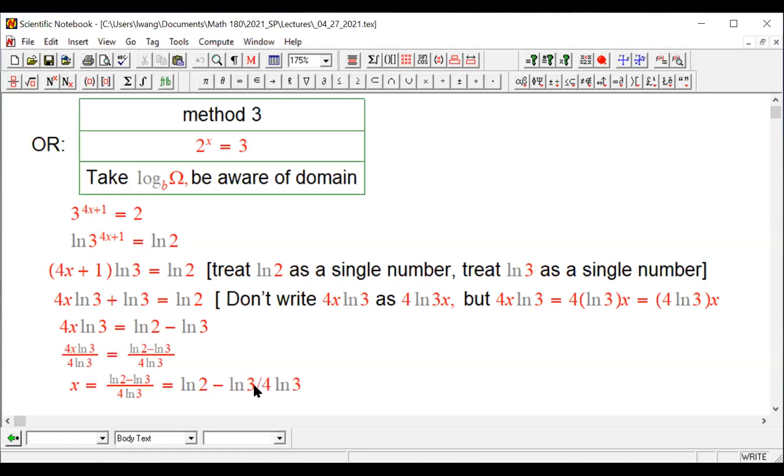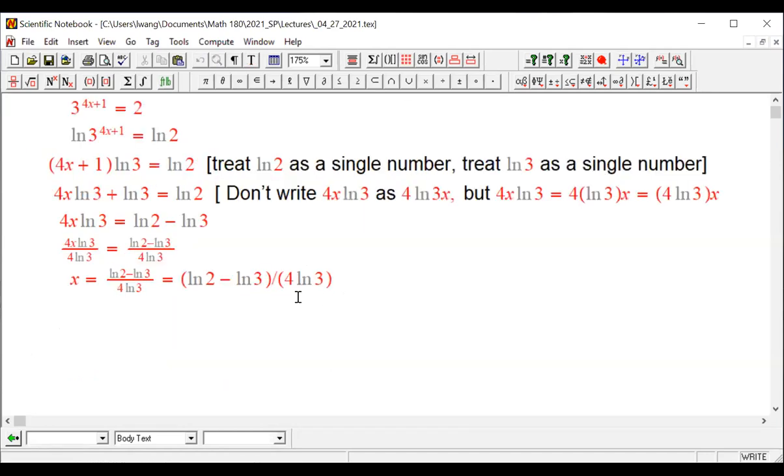Not only do you need a parentheses here, you also need a parentheses here. Why? Let's practice and see what happens. With a calculator, it's very easy. Suppose I don't have parentheses here, and I don't have parentheses here, and I have this expression.